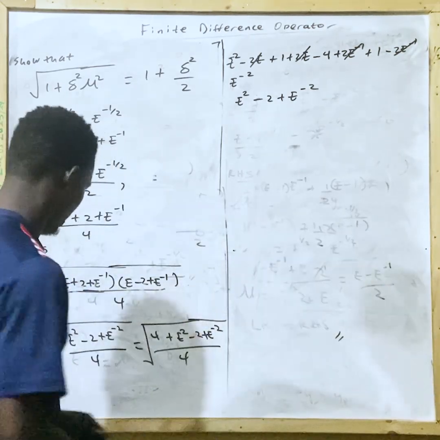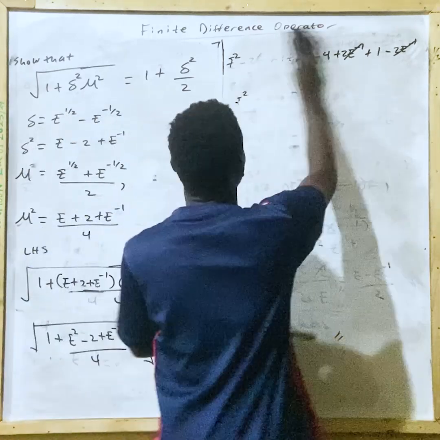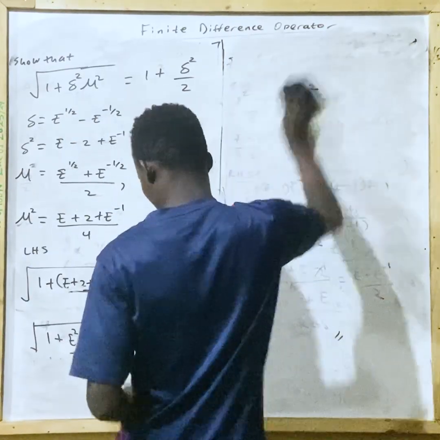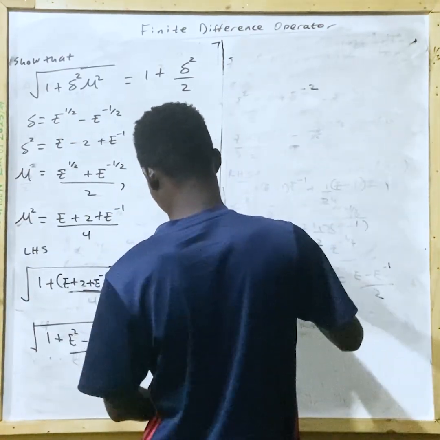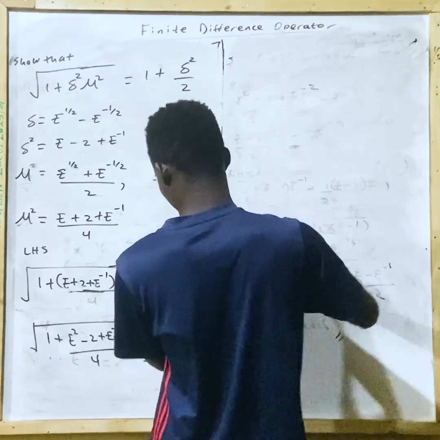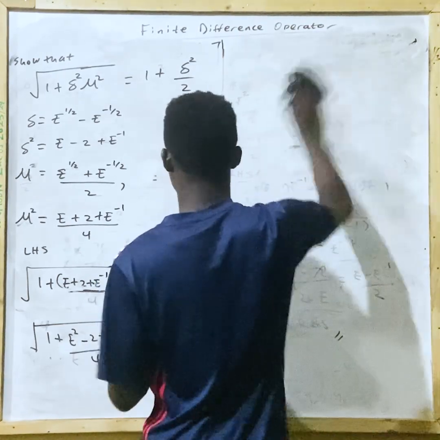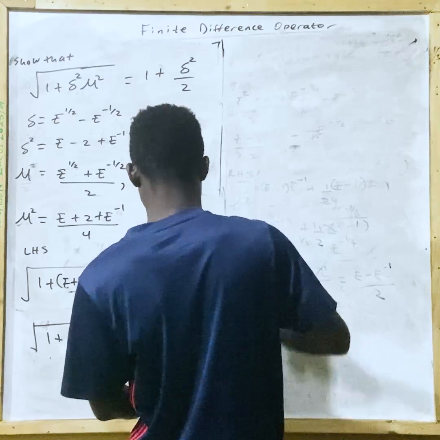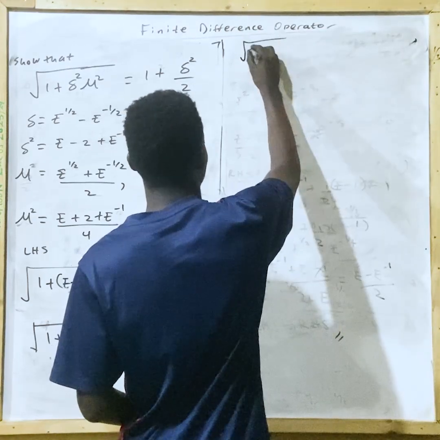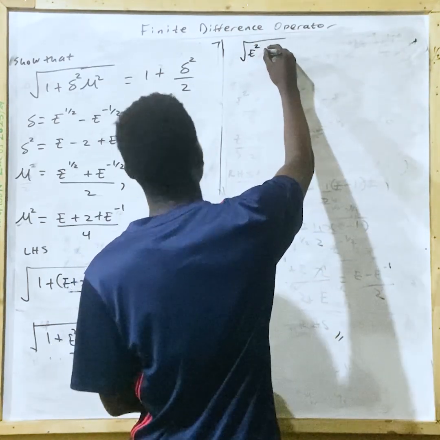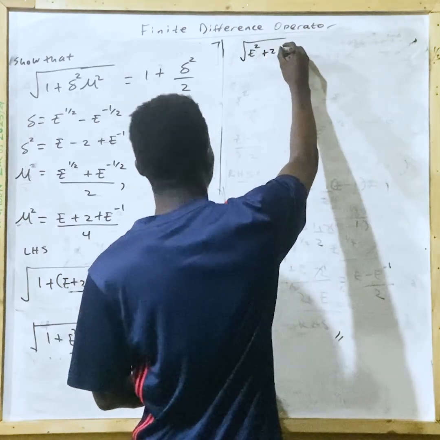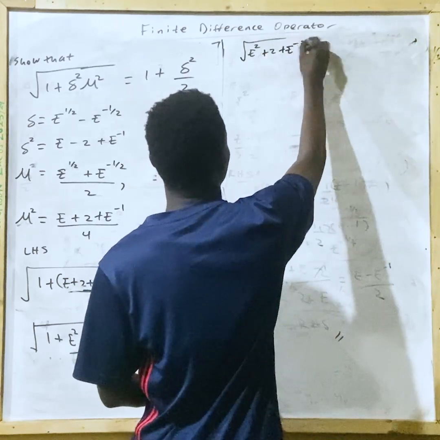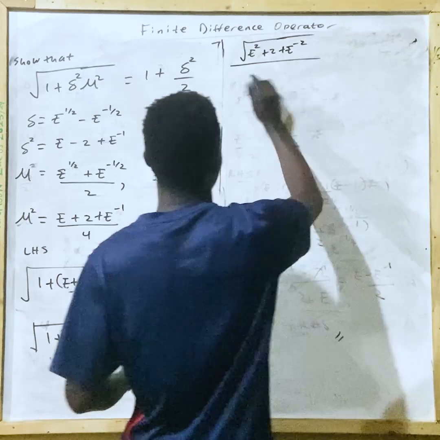So this root is this 4, the denominator is 2. So I have the square root of e raised to power 2 plus 2 plus e raised to power minus 2, over 2.